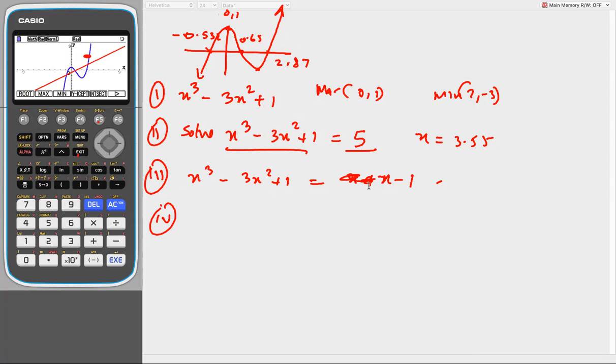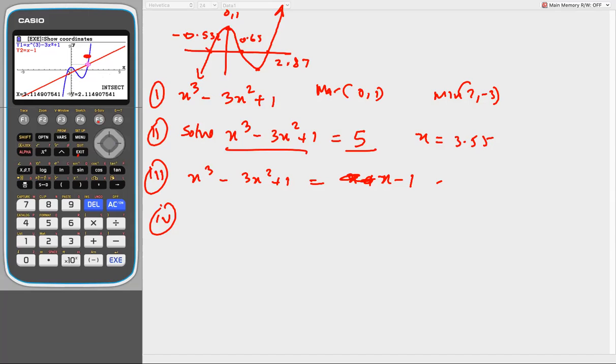You already had the first graph, you just have to draw this graph. So you get 3 points: the first one is 0.74, the second is negative 0.86, and of course the last one is 3.11.